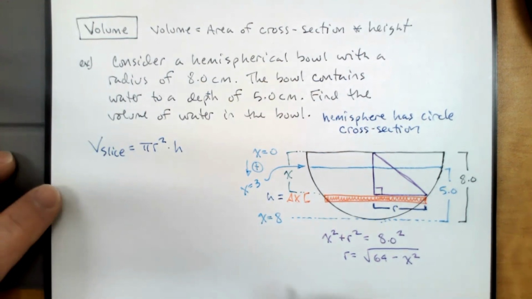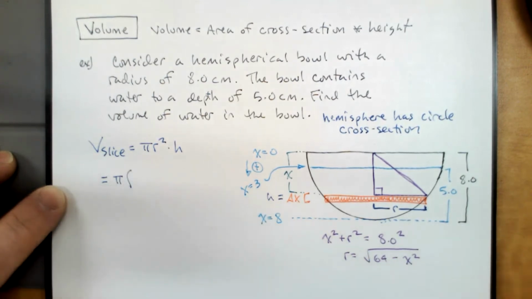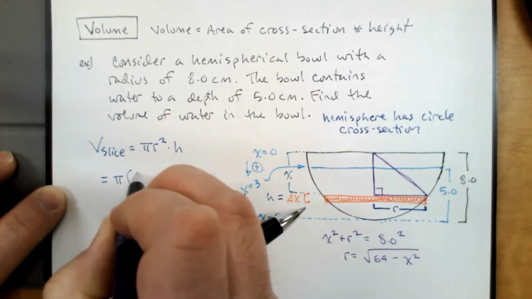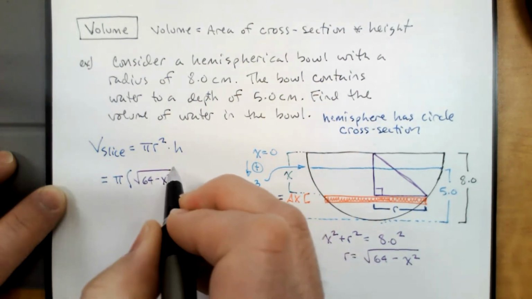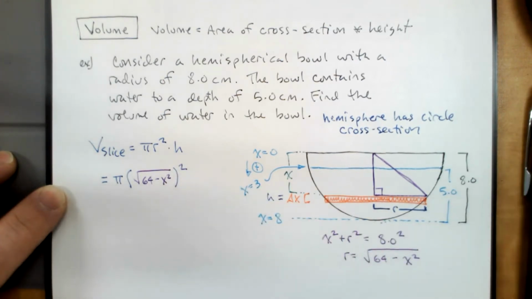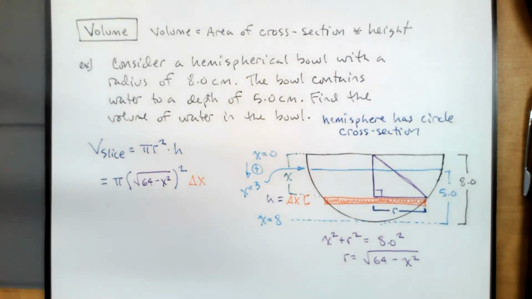So now I can plug some stuff into the volume of my slice. The volume of the slice is pi times the radius, which is the square root of 64 minus X squared, squared, times the height, which is the delta X. Questions on the setup?